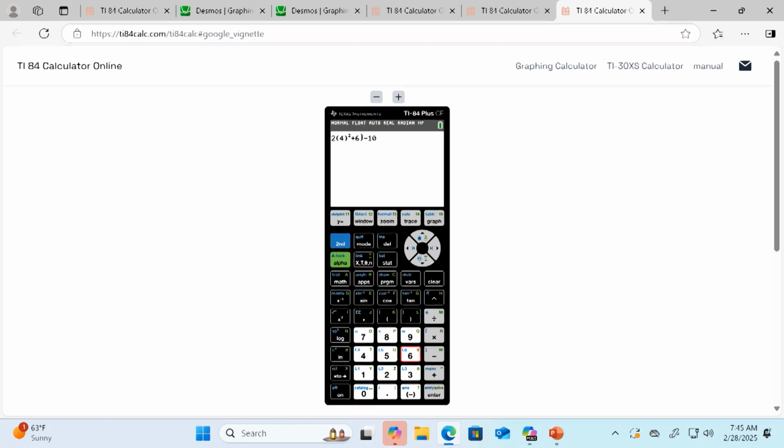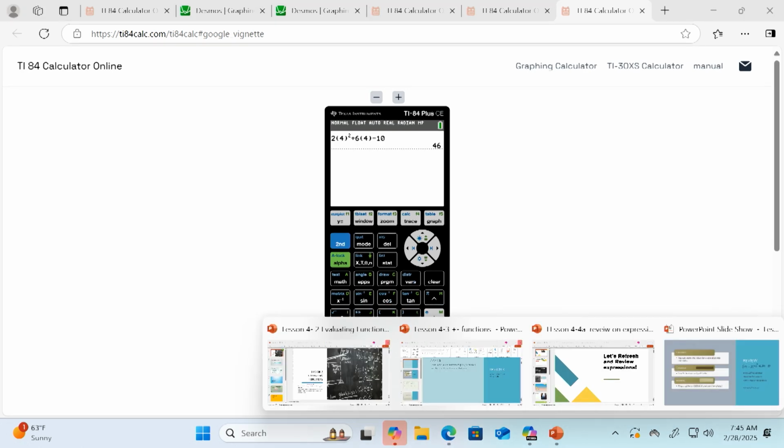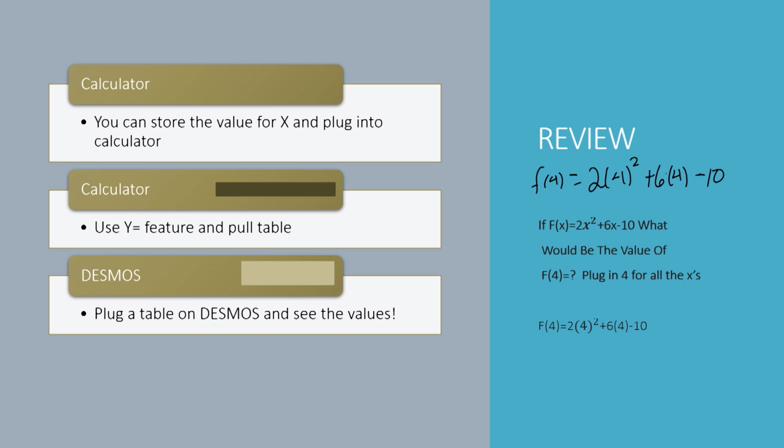Got to make sure that you plug these parentheses in correctly, because one little change of the parentheses will change our values. And what do we get as f of 4? We get 46. So we could plug that in our Desmos or we could plug that in our calculator.